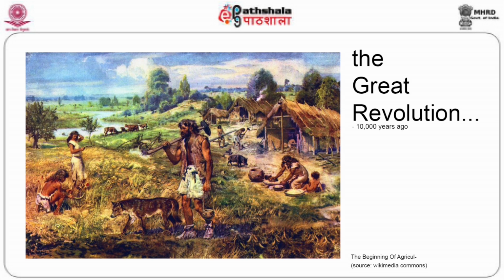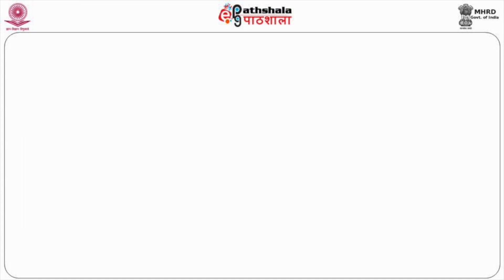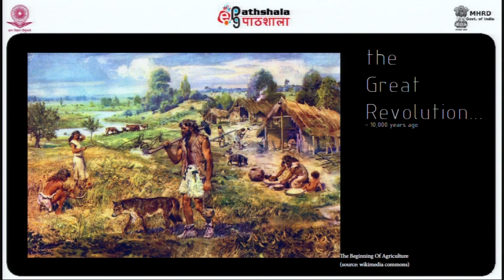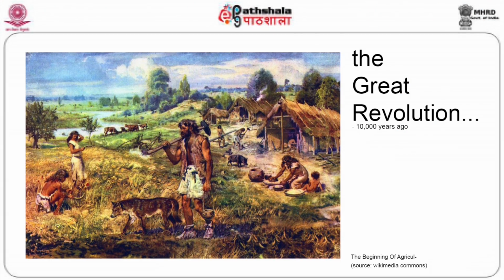10,000 years ago, we did something even bigger, and this is called the Neolithic Revolution. And the reason that this is one of the most important periods in human history is because this is when we started to do agriculture on an enormous scale. And agriculture for the first time allowed us to root ourselves to a particular place.